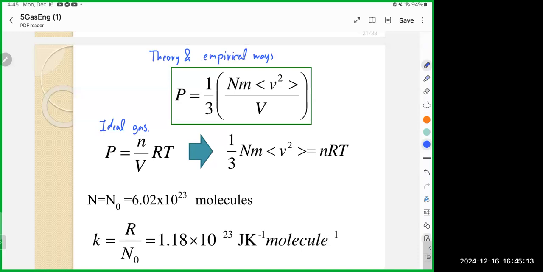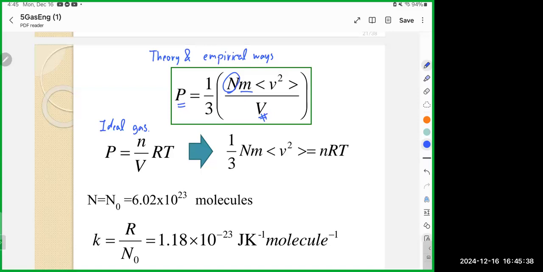we would find the relation of pressure on the gas would be proportional to the first thing, the number of the molecules, right? Mass of those molecules, right? But inversely proportional to the volume, which we already know.